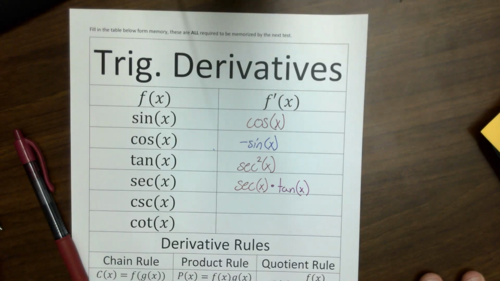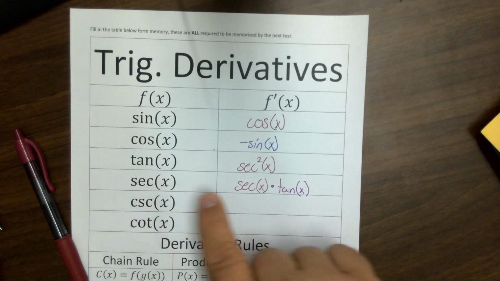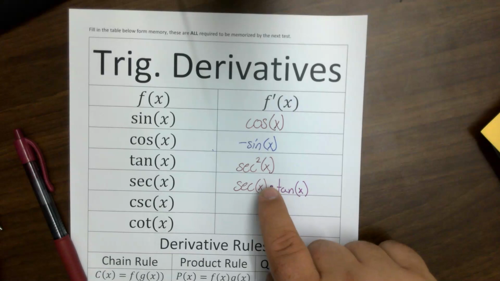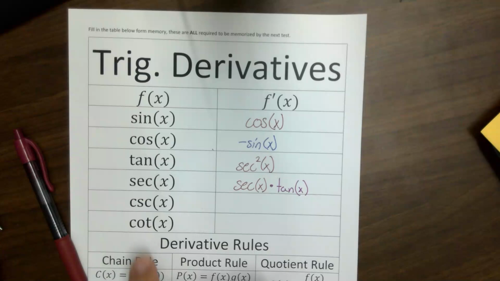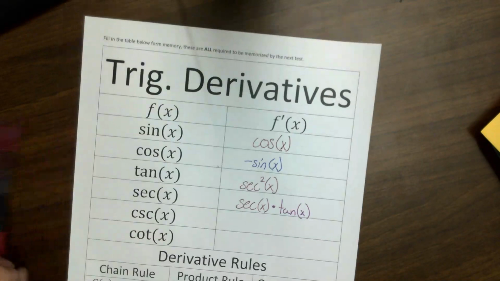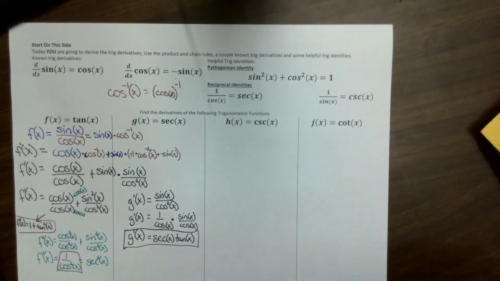You know what would be fun? Finding the second derivative of secant. Find the second derivative by taking derivative of this. That would be fun. All right. Okay. Let's not get sidetracked. Let's get cosecant going. Cosecant.